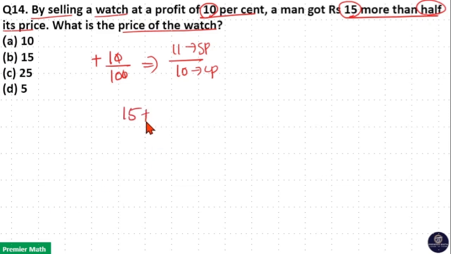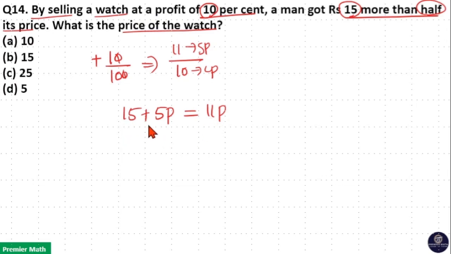So 15 plus half of the price means half of the cost price. Here cost price is 10 part, so 10 by 2 is 5 part. So 15 plus 5 part is the selling price here. That is 11 part, because what he got is 15 more than half its price. So total selling price is 11 part.